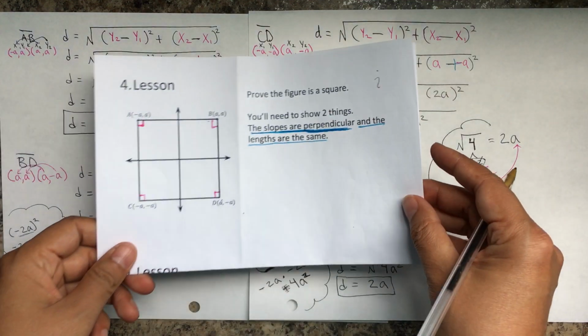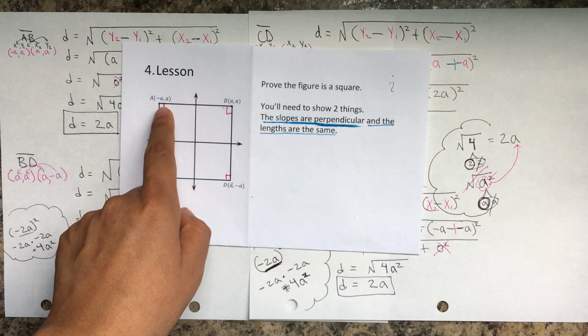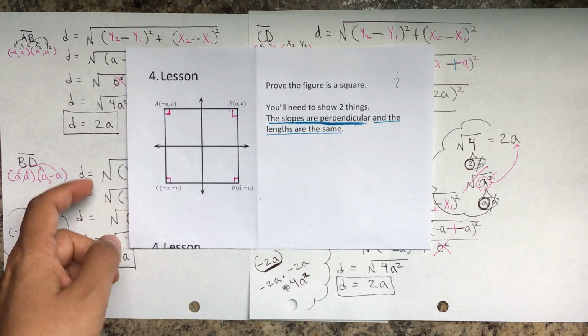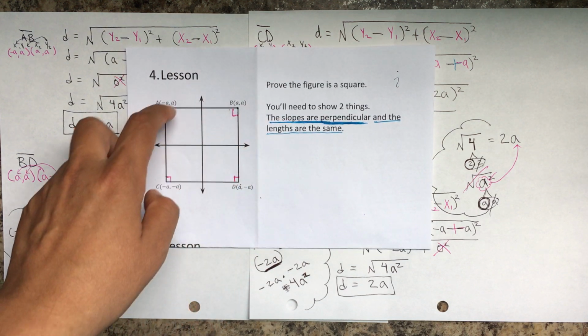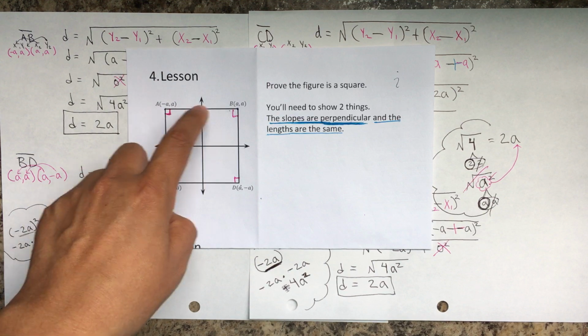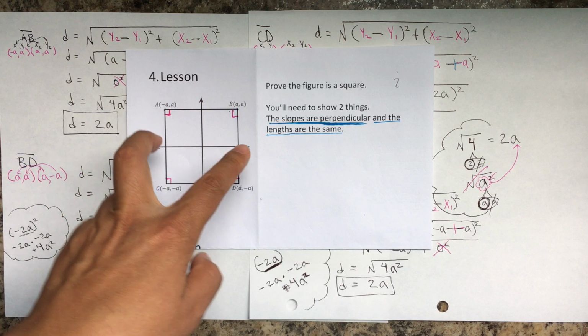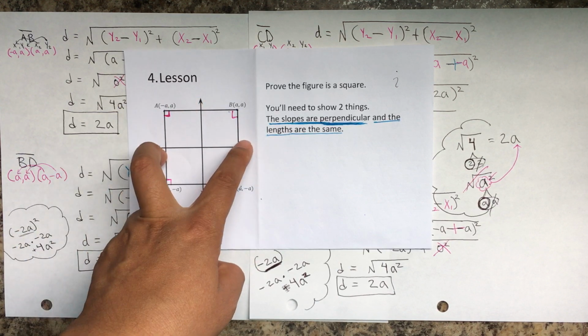So, it is a square. Okay, that's the characteristics of squares: 4 congruent sides and 4 right angles. We also know that opposite sides are parallel.